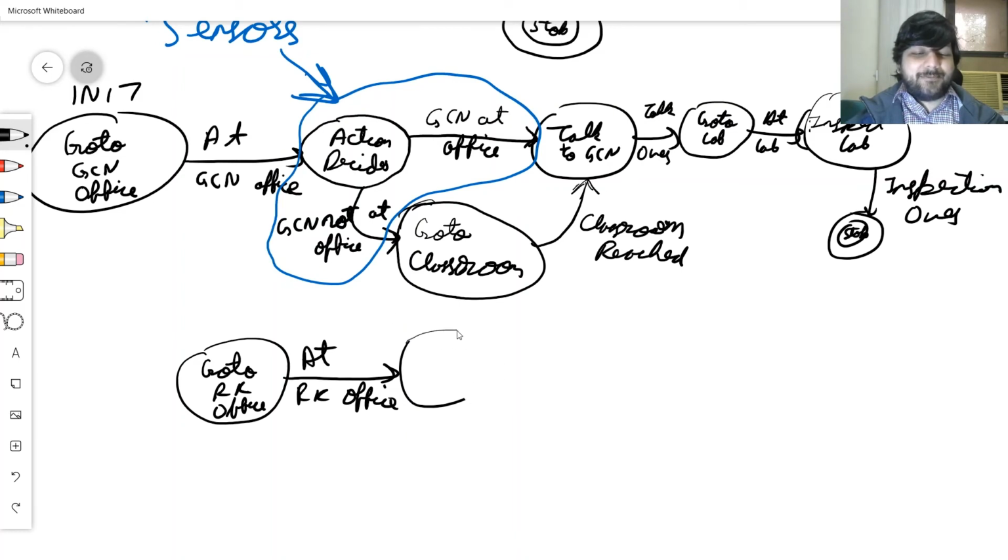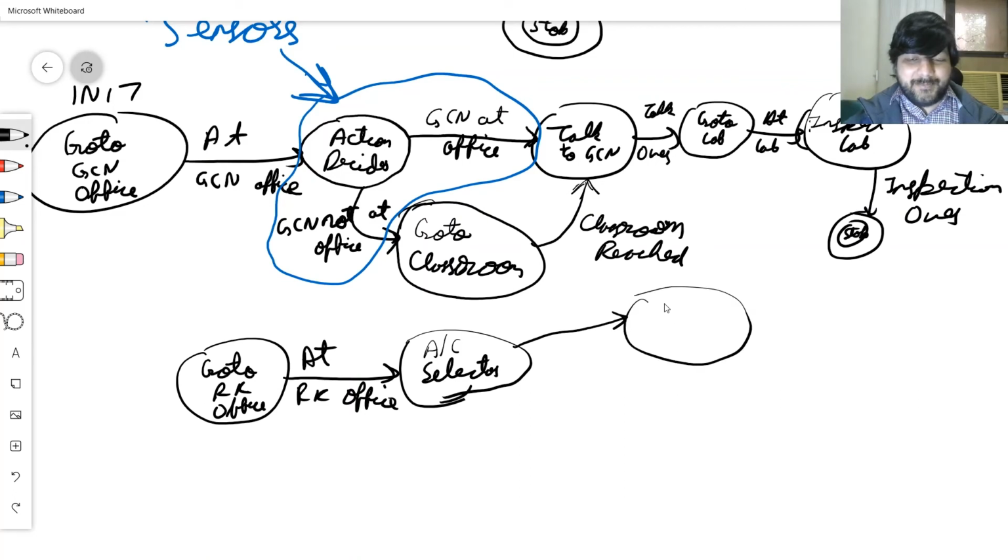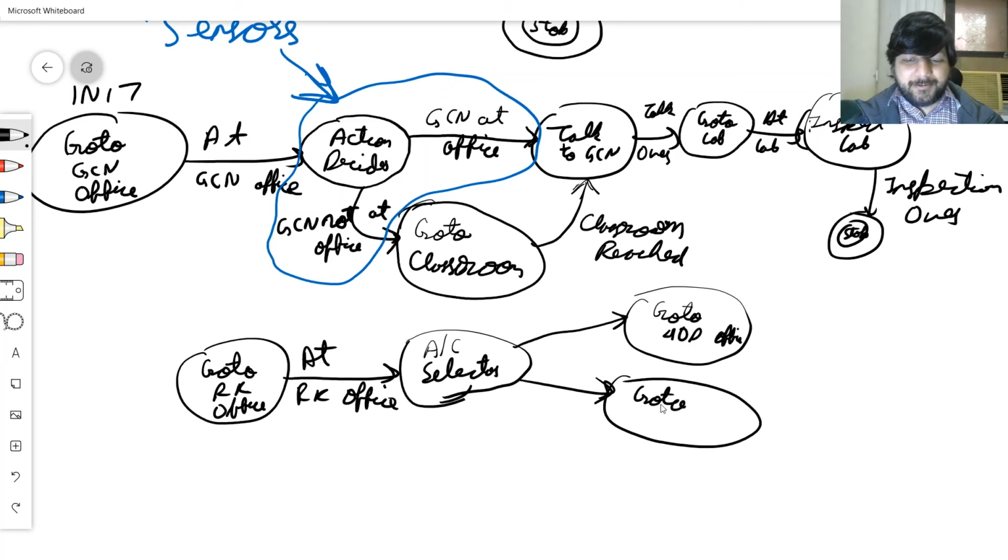And usually it's one of the three things. So it's again action selector. Either I ask him to go to HOD office, or I ask the peon to go to the director office. If you're wondering why, I have an academic profile for which I need to report every paper to HOD, which is all your stuff.